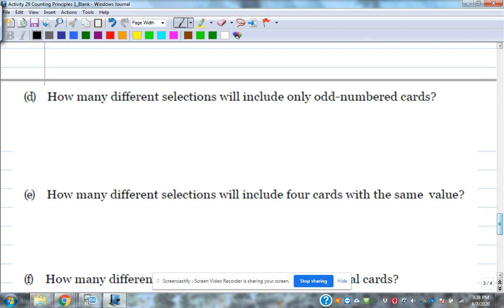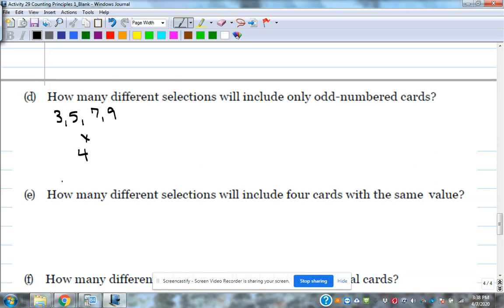Okay, D part, same scenario. How many different selections include only odd numbered cards? So odd numbered cards would be the 3, the 5, the 7, and the 9. Ace is not an odd numbered card. It's considered a face card. Jack, King, and Queen are face cards. So we only have four for each suit.